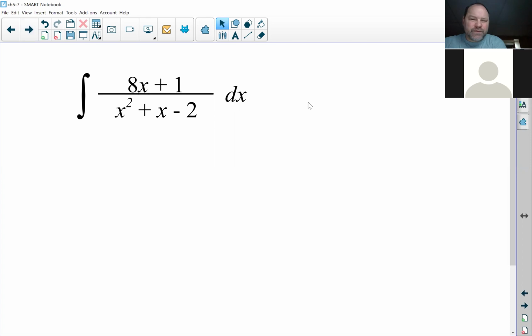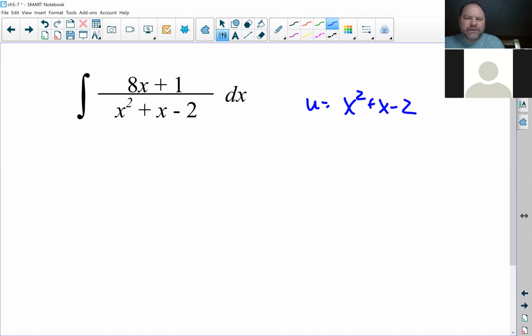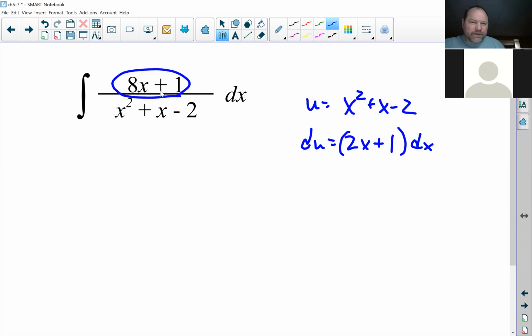If u is my denominator, and then my derivative, can I multiply 2x plus 1 by something to get 8x plus 1? I'm going to say no. So substitution isn't going to work.